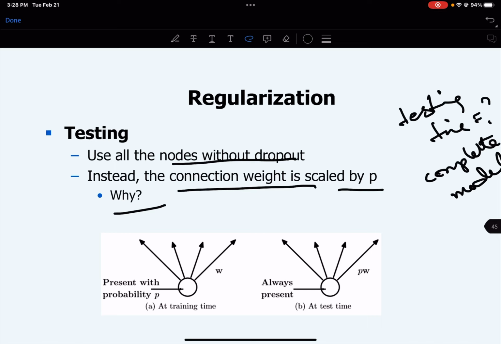Why? Because at the training time, at this node, it had the probability of p. So it is not always present. At test time, we multiply by a factor of p.